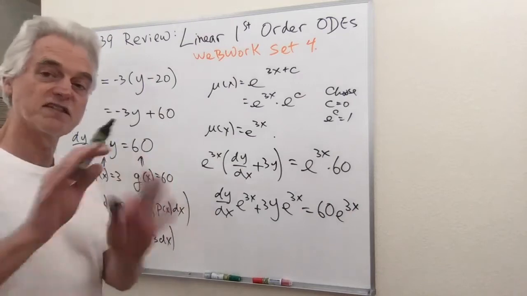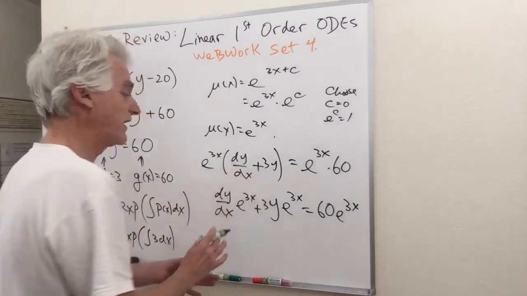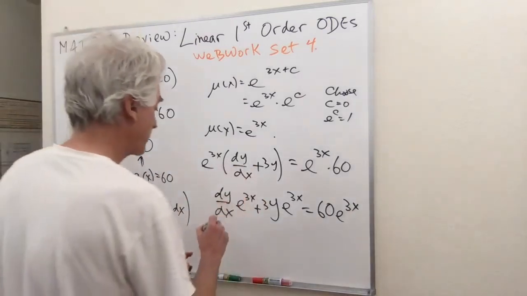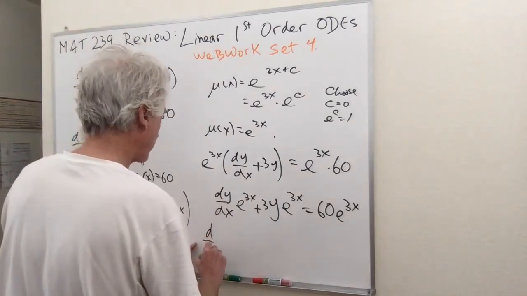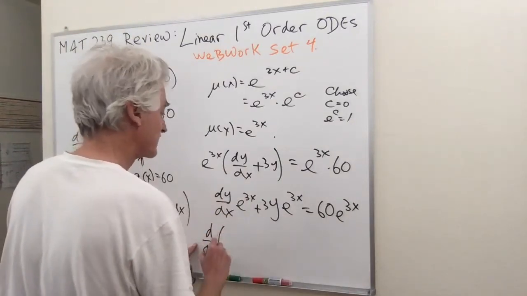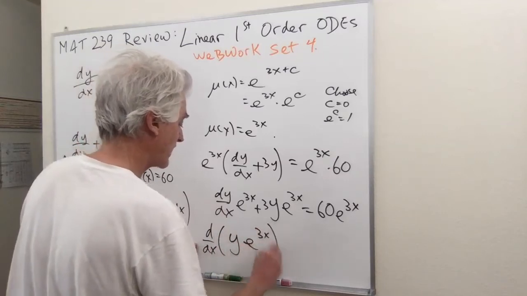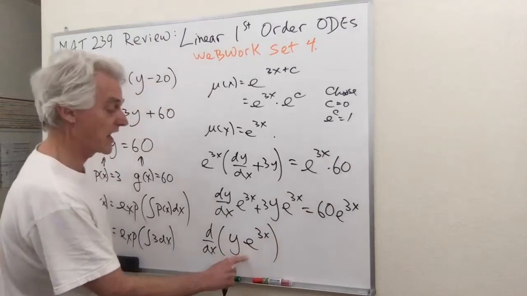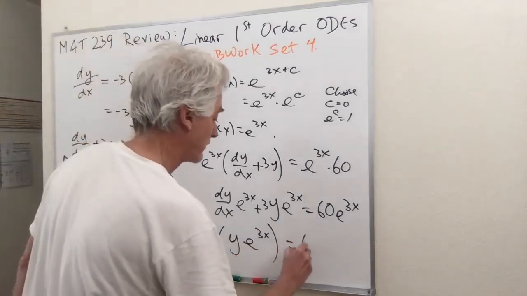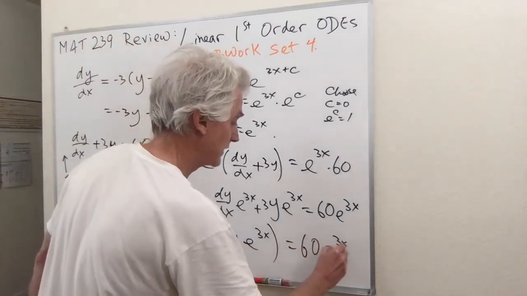Now, this is the magic thing. If I did it right, and it's always a good idea to check it, this left-hand side is the d/dx of y times mu, in this case, y times e to the 3x. And that is 60 e to the 3x.